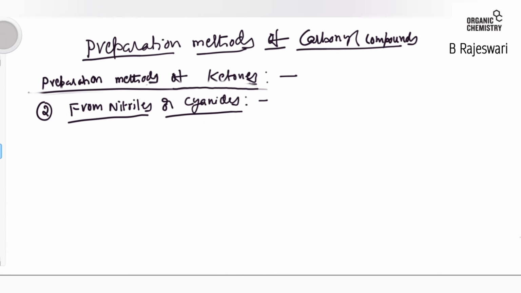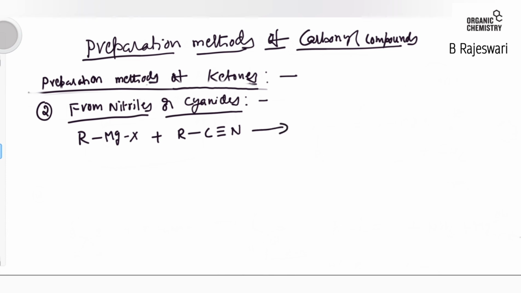What is the general formula of Grignard reagents? RMgX is the general formula of Grignard reagent. And what is the general formula of nitriles? RCN is the general formula of nitriles.